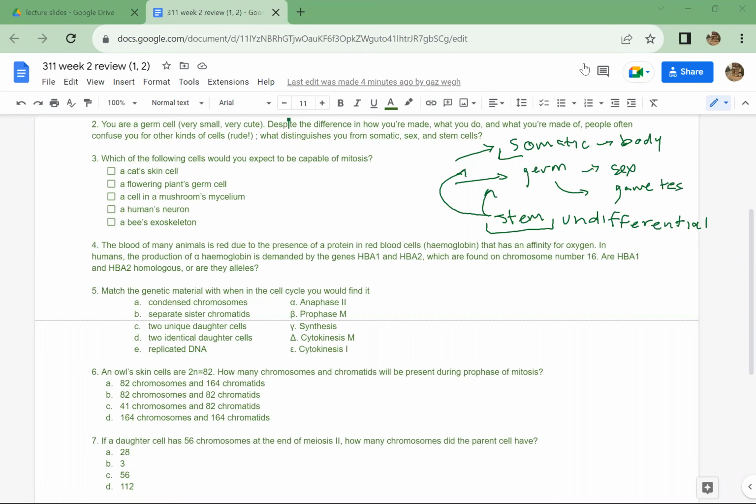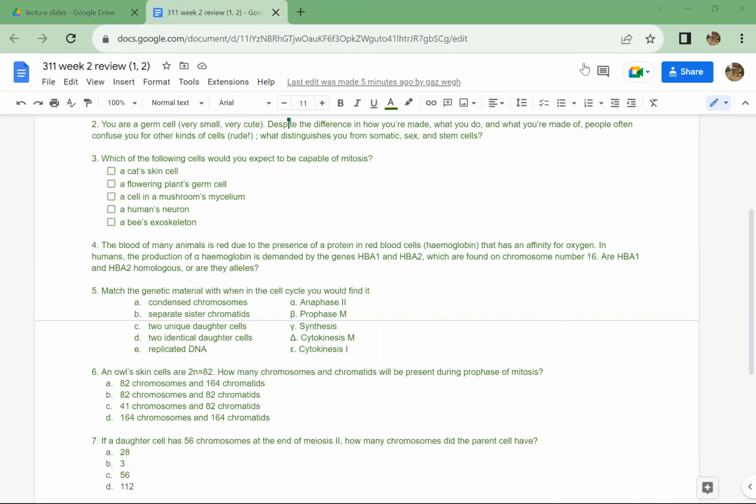So knowing that, we can move on to the next question. Which of the following cells would you expect to be capable of mitosis? Take a second, decide for yourself. So we just talked about it.